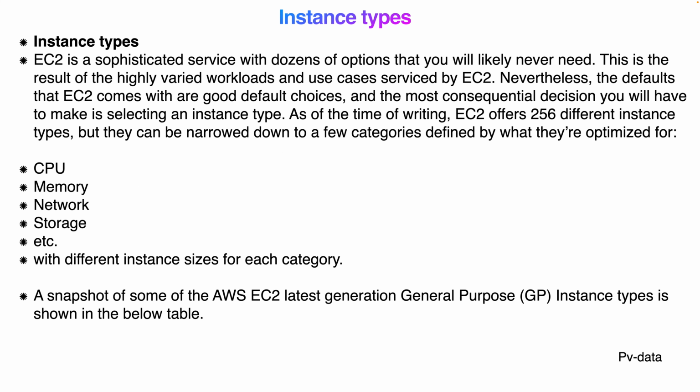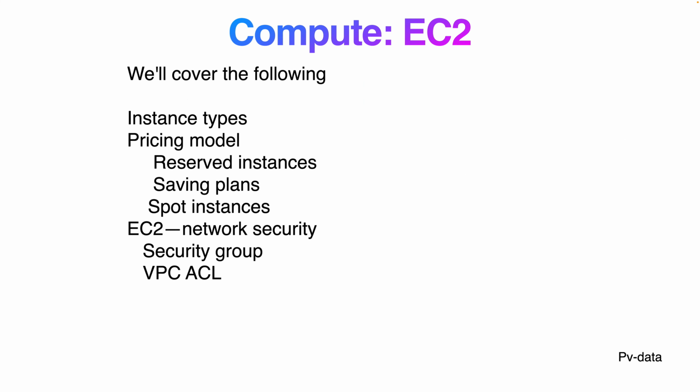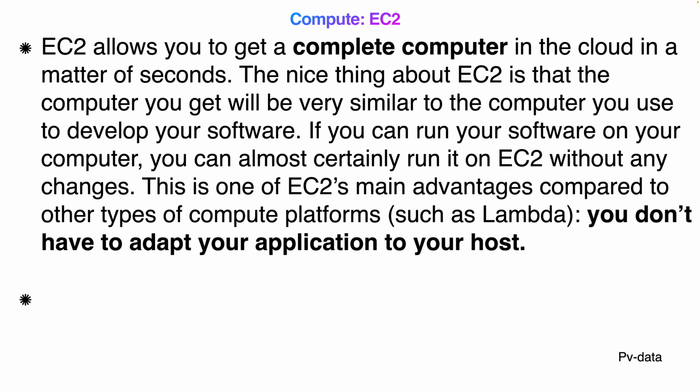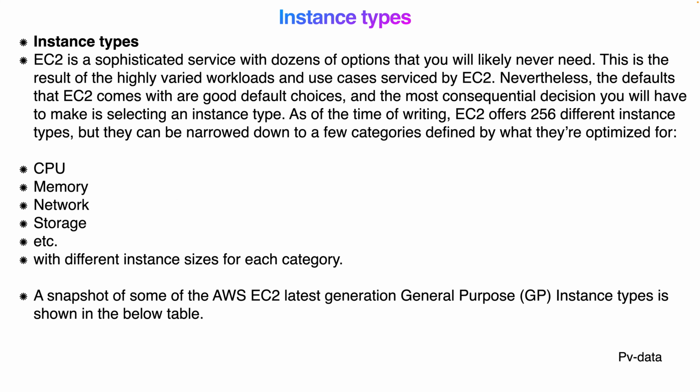Now the next part we are going to talk about, as I discussed previously, is instance type. So, instance types of EC2. EC2 is a sophisticated service with dozens of options that you will likely never need. This is the result of highly varied workloads served by EC2.